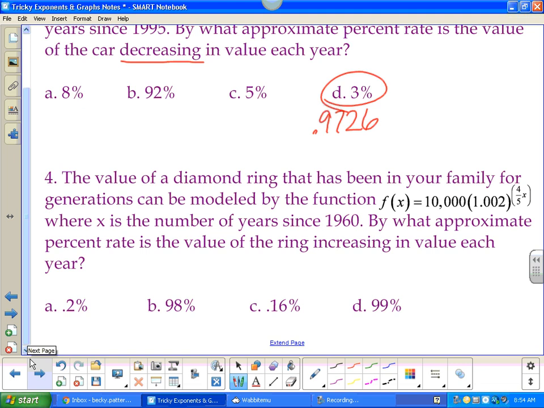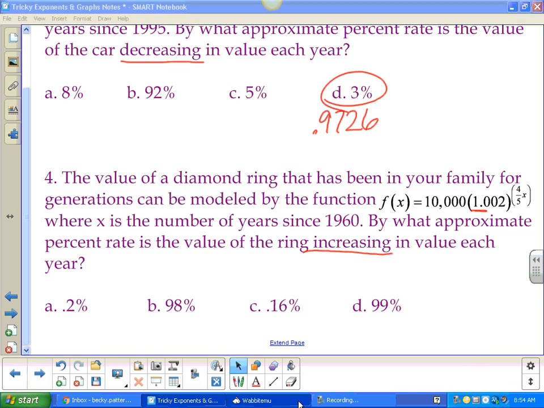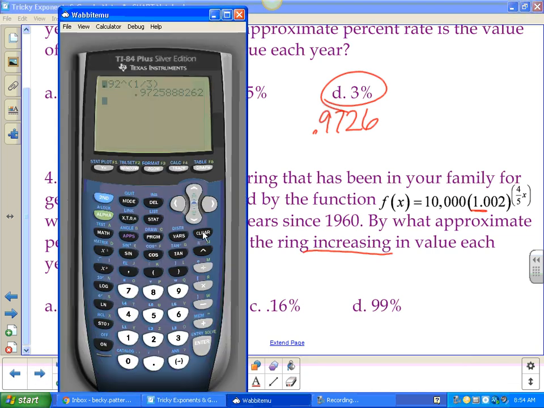The value of a diamond ring that's been in your family for generations can be modeled by that function where x is the number of years since 1960. By what approximate percent rate is the value of the ring increasing in value? I know I'm increasing because I'm going bigger than 1, so I take my handy dandy calculator, 1.002 to the 4/5. 1.001599.